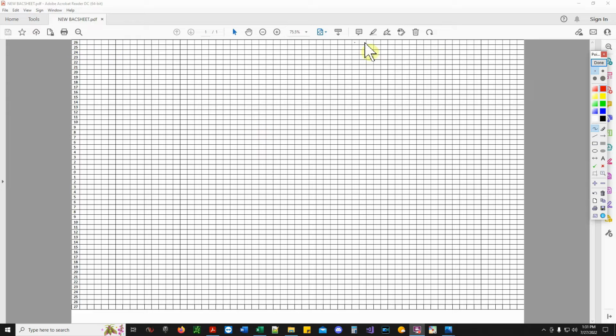I got 60-something plays going across. You can see right here at the 0 line, I got plus 26 going up, and below the 0, I got minus 27 going down.